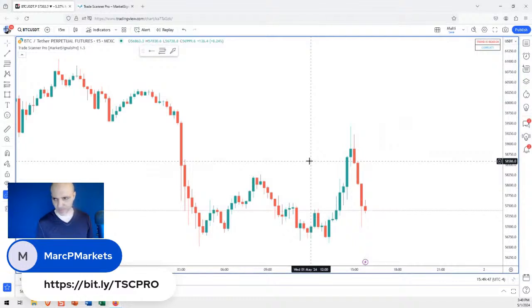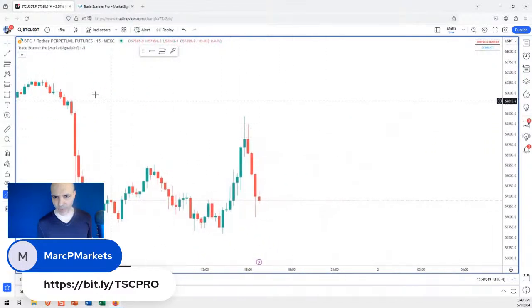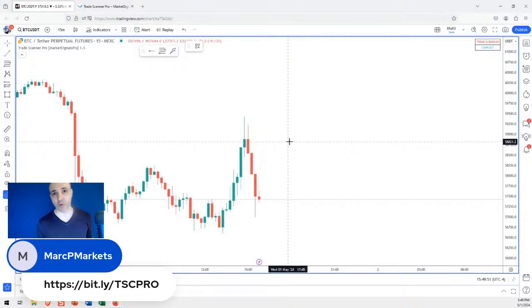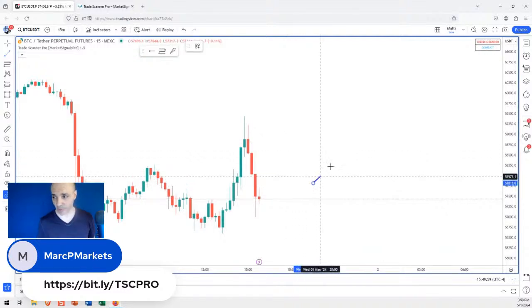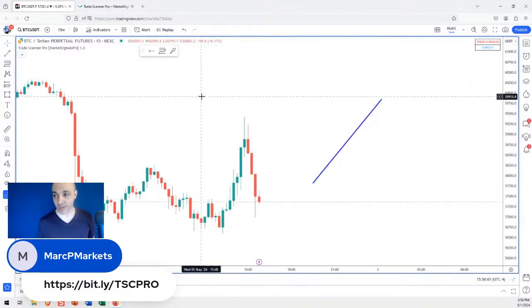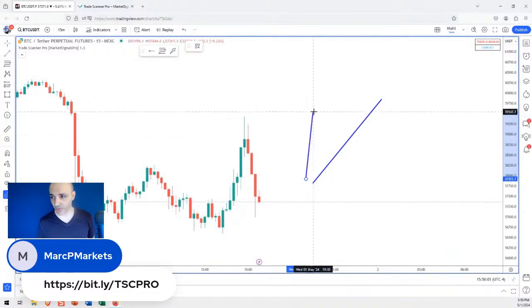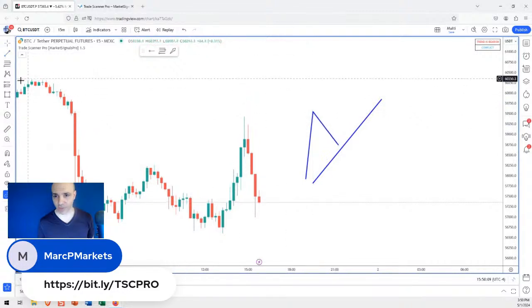Now, real quick, again, as a refresher, here's how the Trade Scanner Pro works. It's the formula of the Trade Scanner, except we converted it to a script that you can use on TradingView. So this is what it does. First, it identifies a trend. The trend could be bullish or bearish. Then it looks for a pullback in the trend. In the case of a bullish trend, it looks for the pullback.